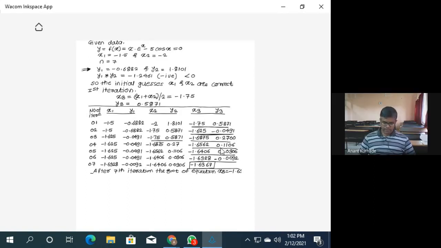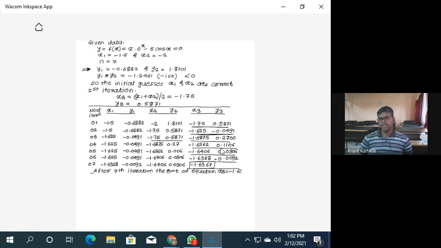Now, again, the most important case: you can have a problem related to number of iterations and related to accuracy. There are two types of problem for each method.